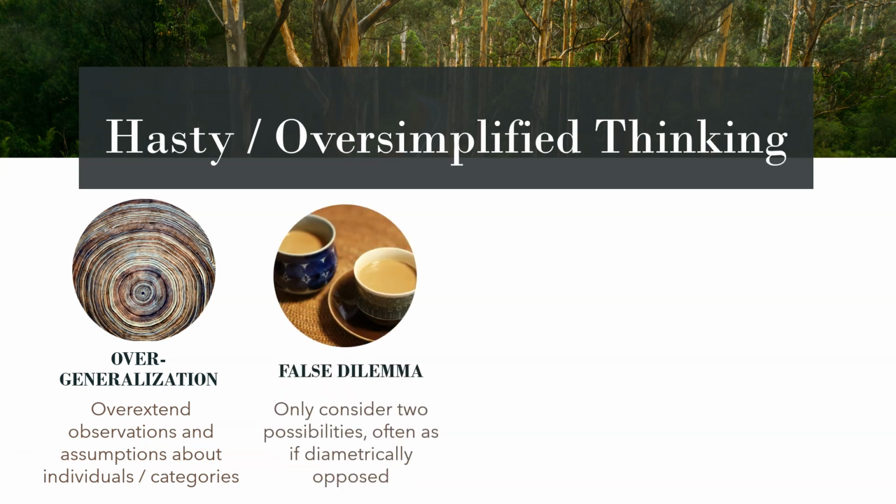Presenting that false dilemma. So presenting an issue as black and white or as binary oppositions, creating this illusion that there are only two options and they're both diametrically opposed. This divisive kind of logical fallacy is very common in American politics.